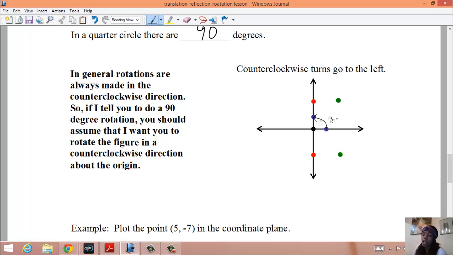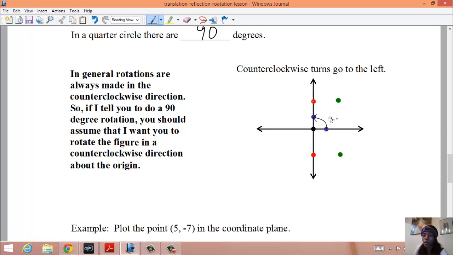Let's look at this 180-degree rotation. So my pre-image is this red dot right here, meaning this is where I'm starting, and I need to rotate it 180 degrees. One thing about 180-degree rotations is that clockwise, counterclockwise, either way it's going to end up in the same location.